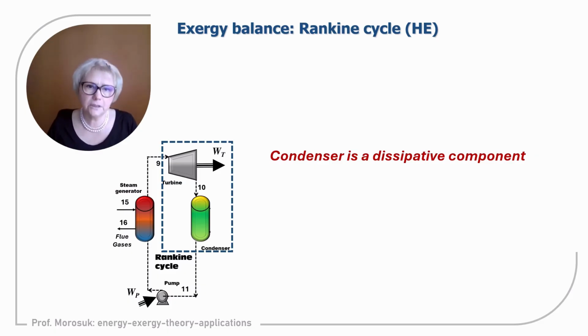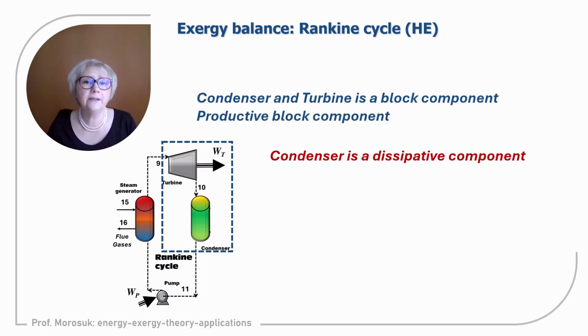That was a very common approach many years ago. Now it is not very often used, but nevertheless, you should know that this approach also exists. We can define a new block, condenser and turbine simultaneously, and this is like a block component.